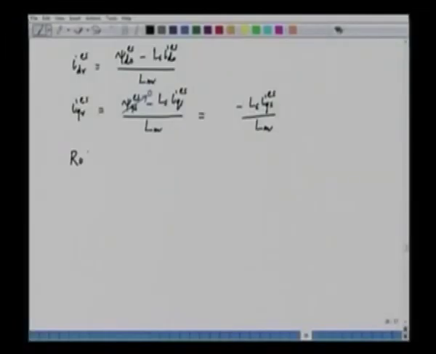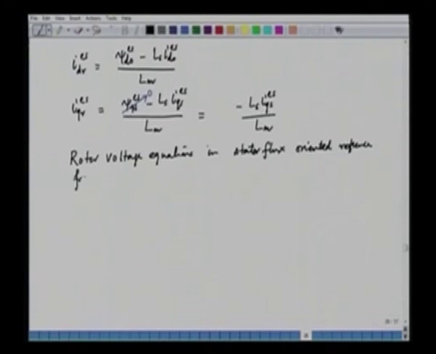So, we can start that from the rotor voltage equation. So, we write down the rotor voltage equation in stator flux oriented reference frame.